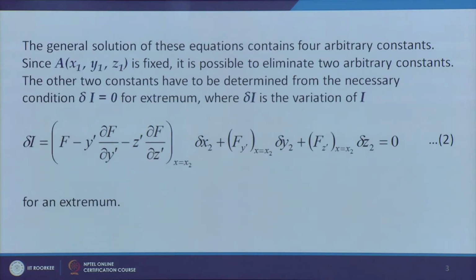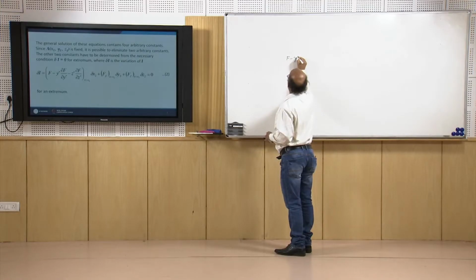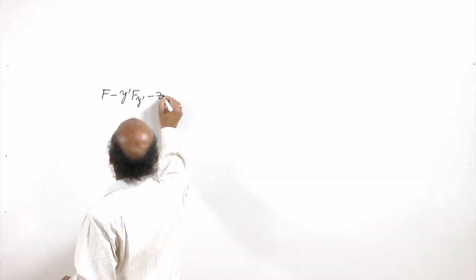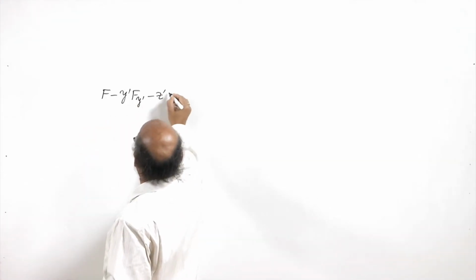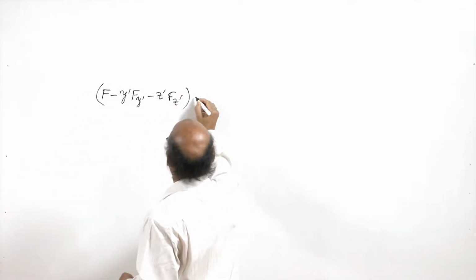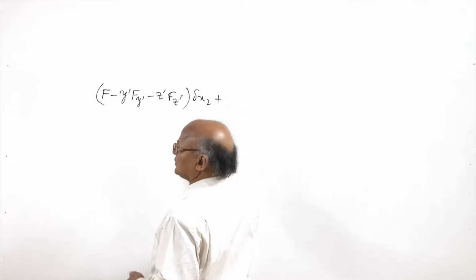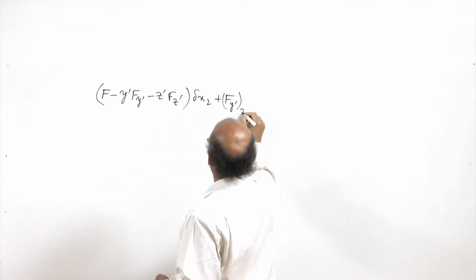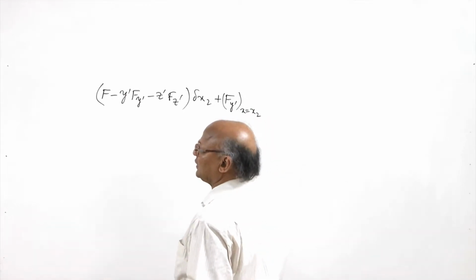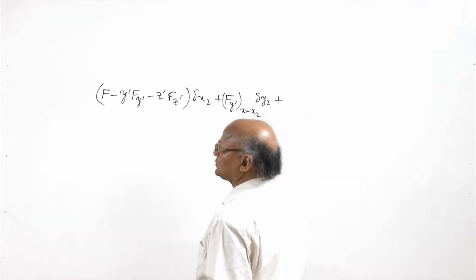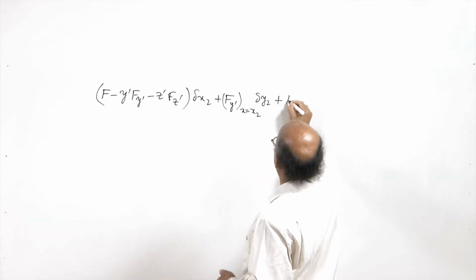Equation 2, which is f minus y dash, f y dash, minus z dash f z dash delta x2, plus f y dash at x equal to x2 delta y2, plus f z dash.